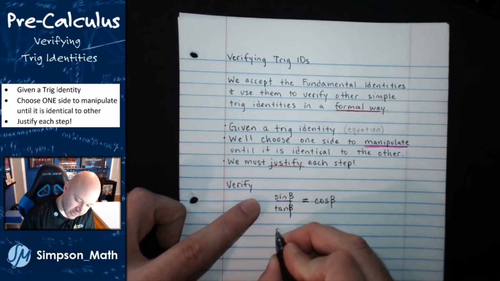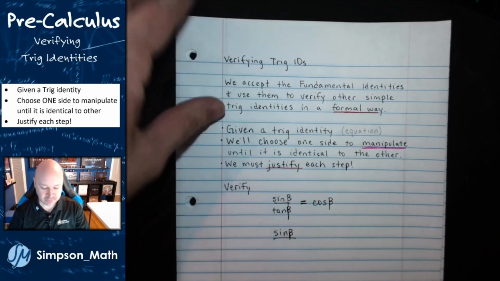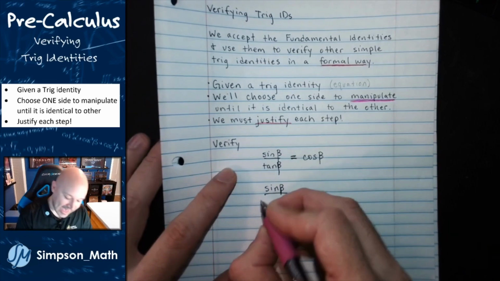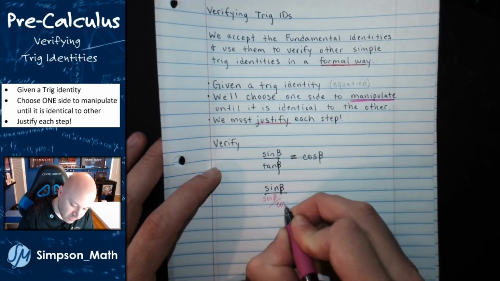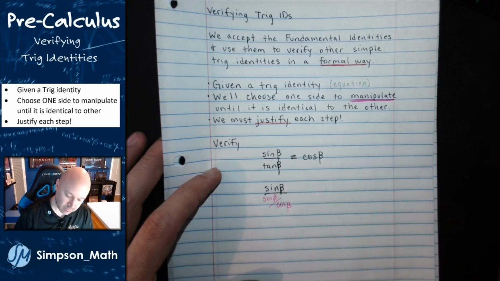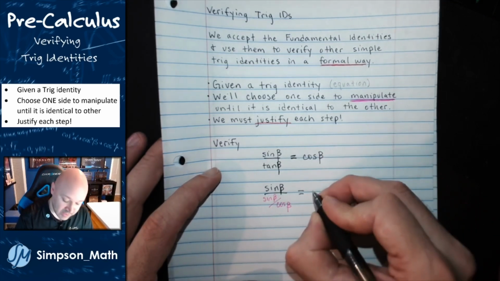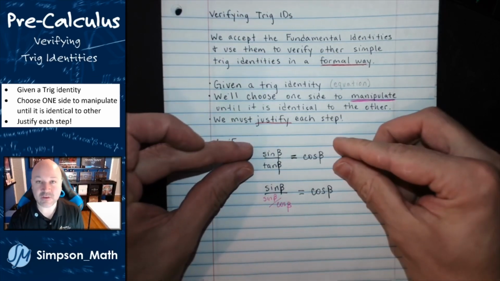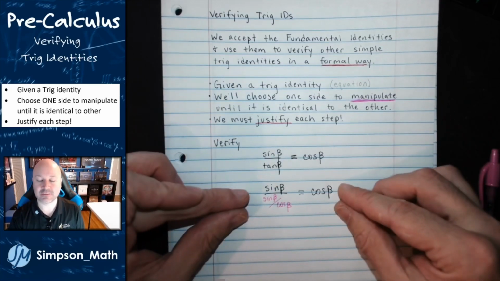I think I'll use some color here to help show what I'm changing. That tangent beta can be rewritten as sine beta over cosine beta. I'm going to bring down the equal sign, and I'm going to bring down the right-hand side of the equation. I had the verification, I did something to it, and now it looks like this.